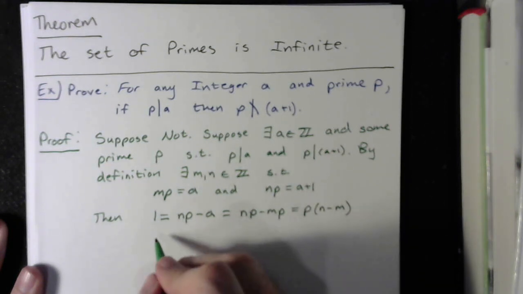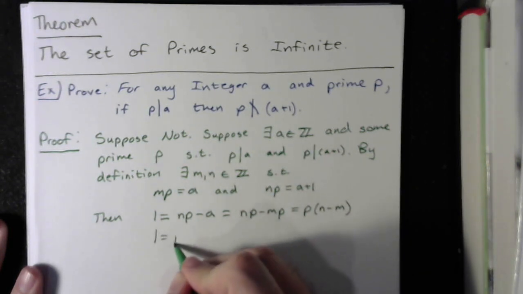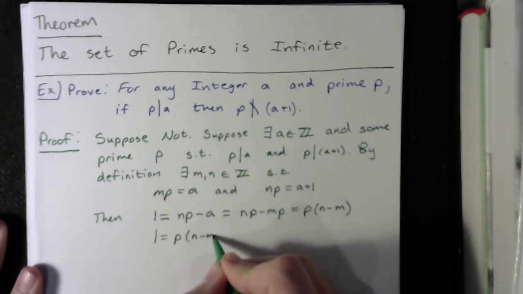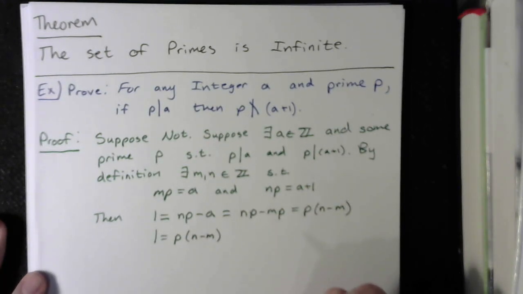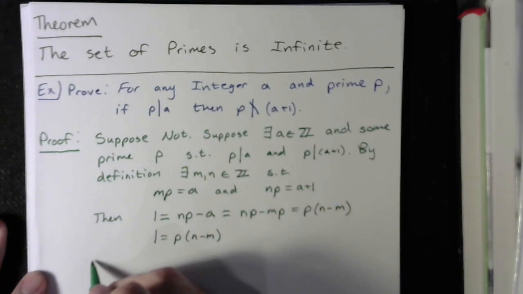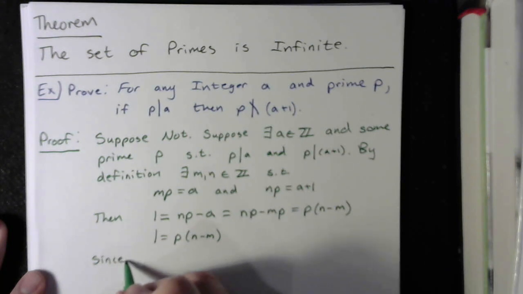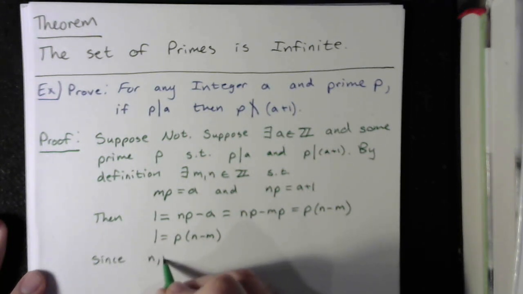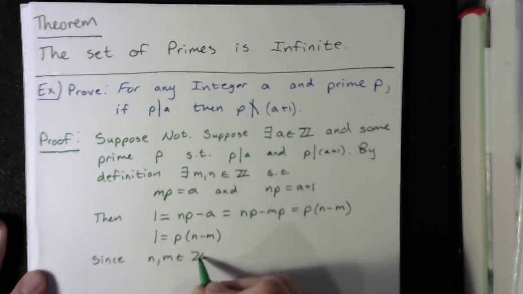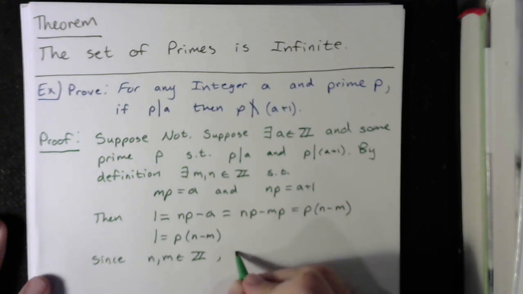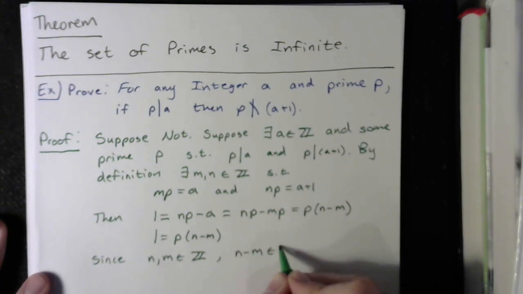So now we have that 1 equals p times n minus m. And we know, since n and m are in Z, n minus m is in Z.